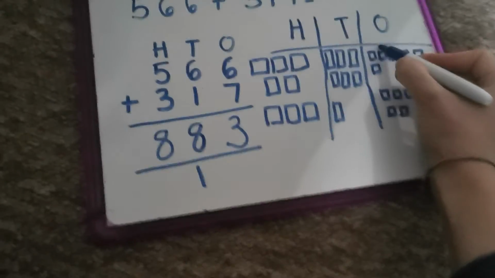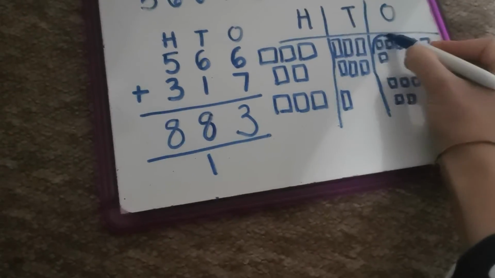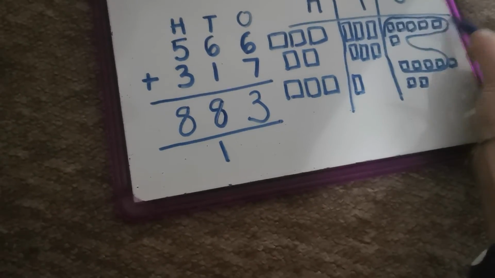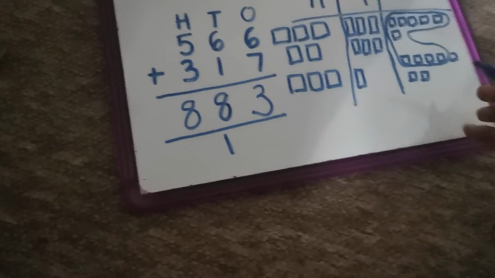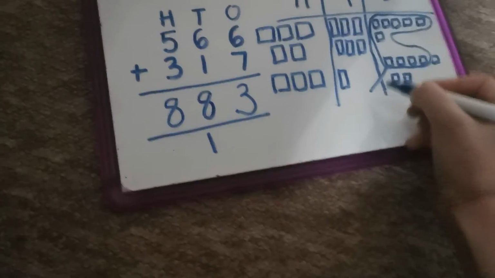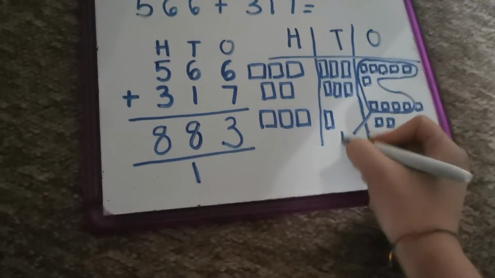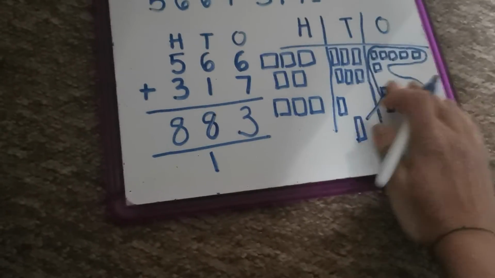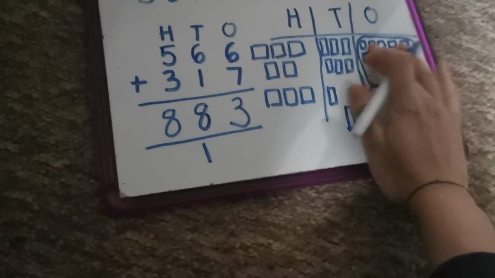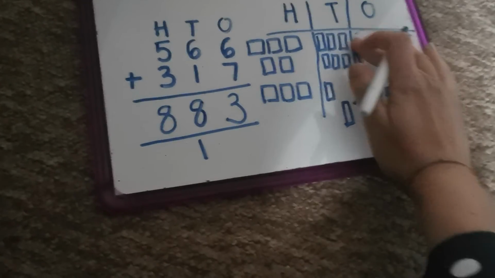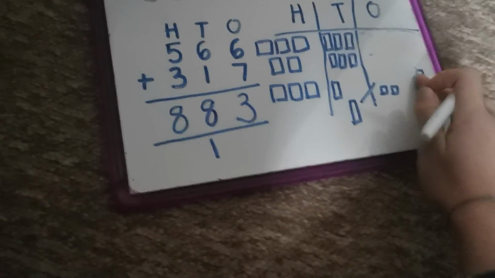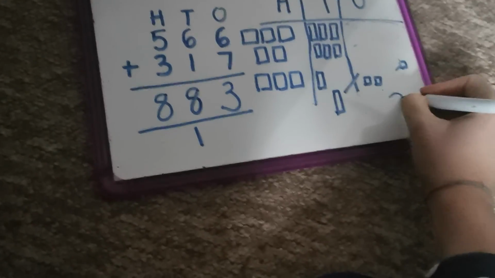But we're going to regroup 6 ones plus 4 ones from here, because I know that 6 and 4 makes 10. So I'm going to regroup all those ones for another extra 10 down here. So if I've regrouped the ones for a 10, I've now not got those ones, so I'm left with 1, 2, 3 ones.